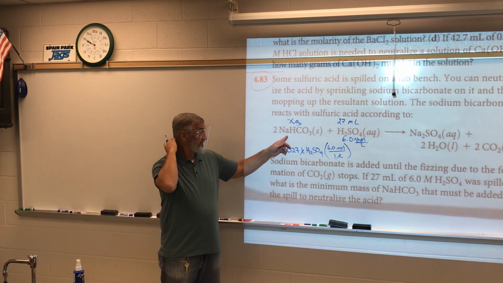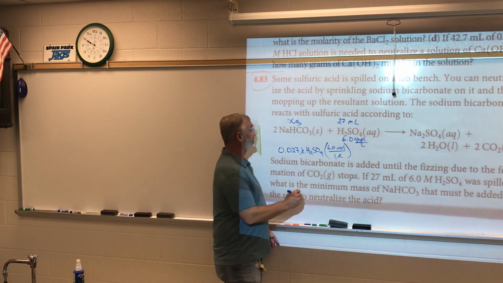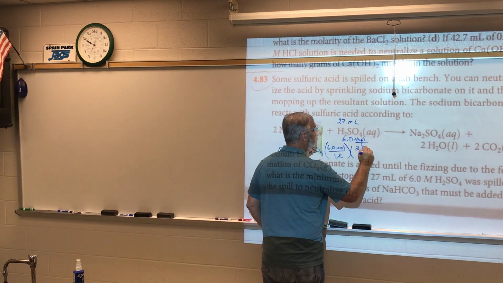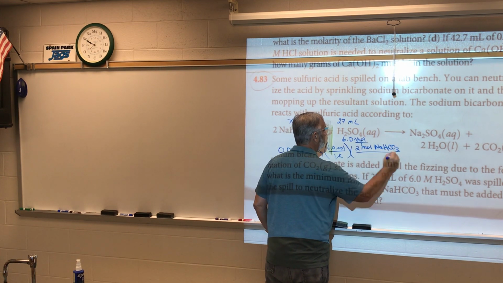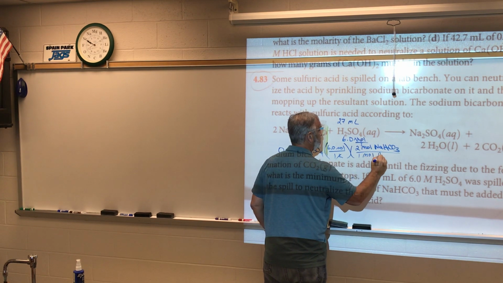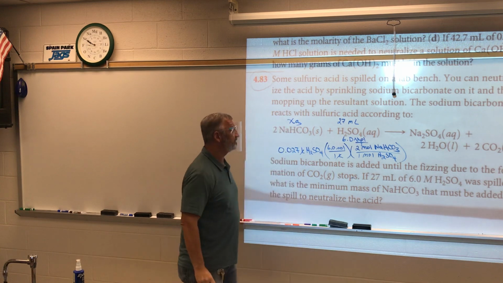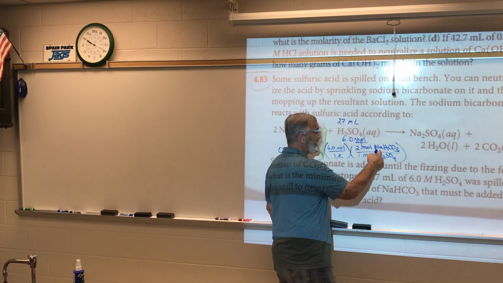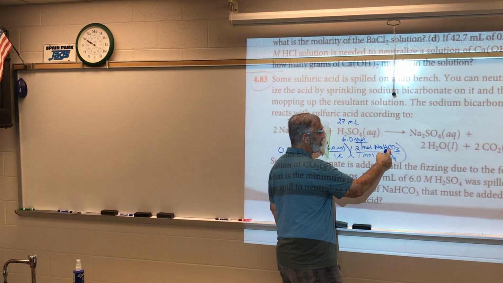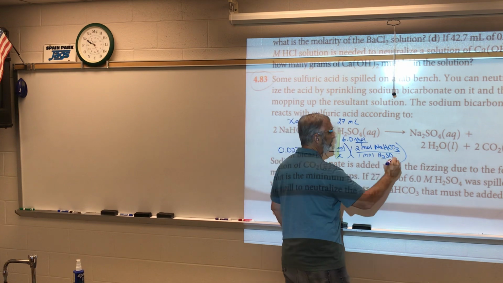So I need to get to moles of sodium bicarbonate, so what's the next step? Mole ratio. 2 moles NaHCO3 for every 1 mole H2SO4. And then lastly, how do I go to grams? Molar mass of my unknown. 48 and 12 is 60, 61, 23 makes 84.